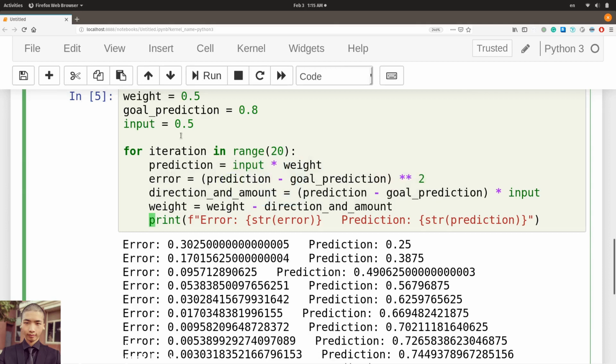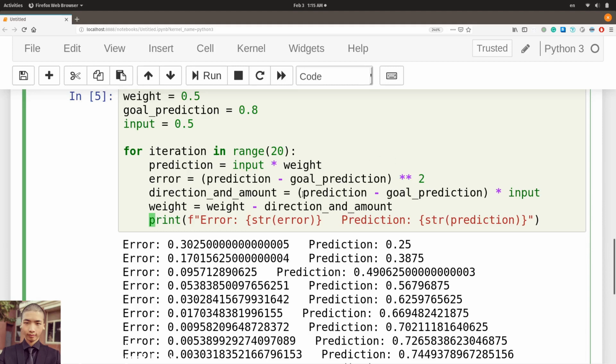Here it is. The weight equals 0.5, the goal prediction equals 0.8, the input equals 0.5. For iteration in range 20, the prediction equals input times the weight. Error equals the prediction minus the goal prediction, squared.